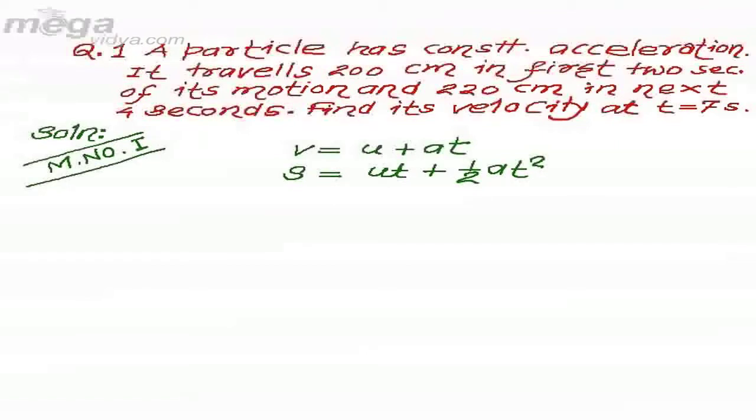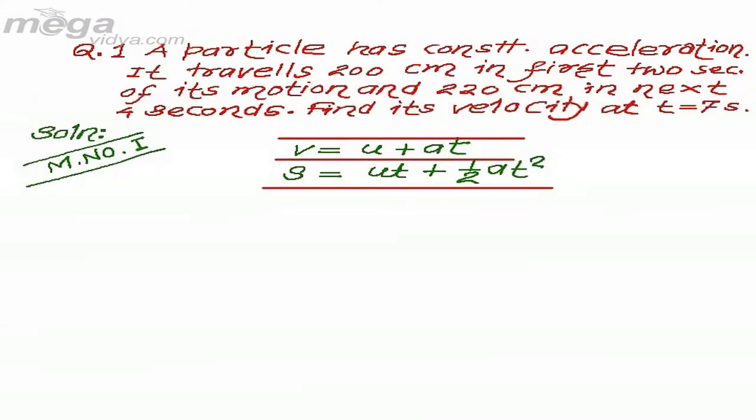Maybe it is final velocity, initial velocity, acceleration, time taken or displacement. So my main motto now is to use these equations with the proper values which have been given to us in the question. Here you can see, we have been given displacement for two different time intervals. The first time interval is say t1, and the other time interval is say t2.